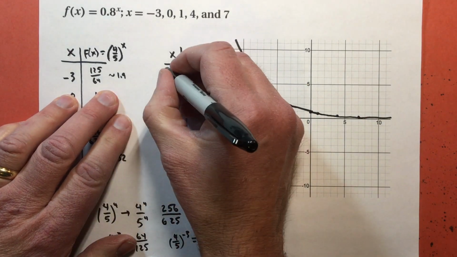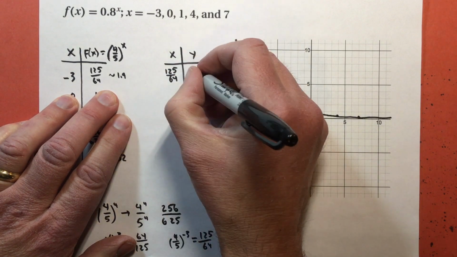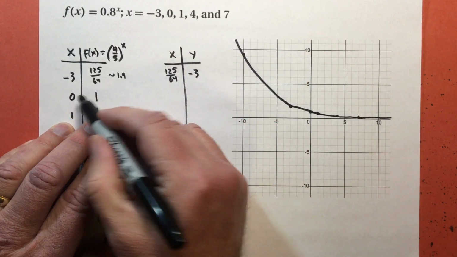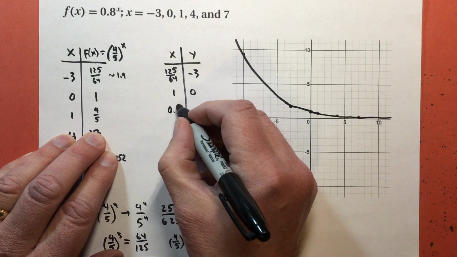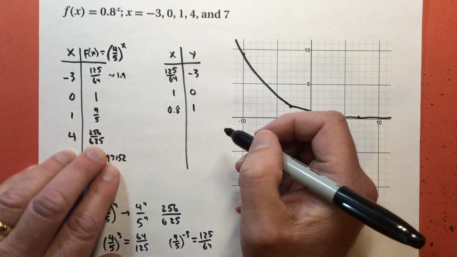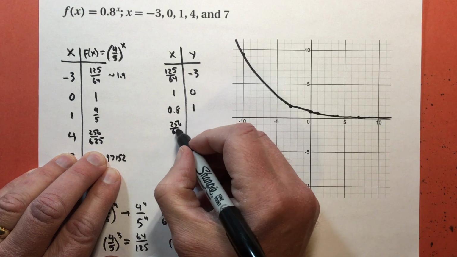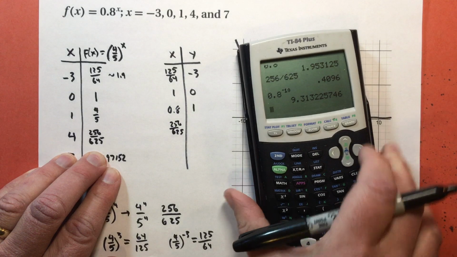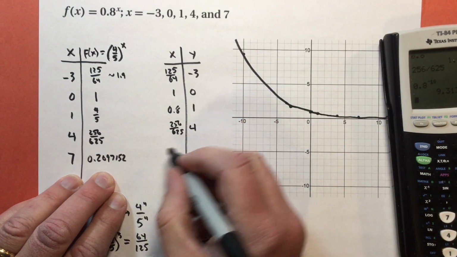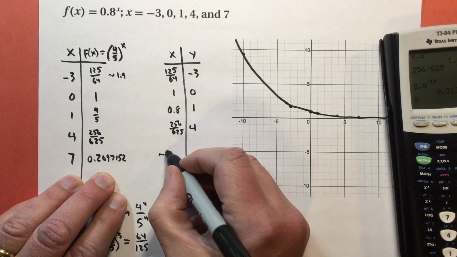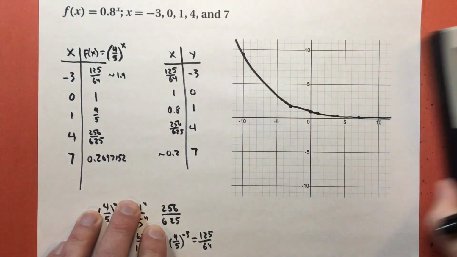So again, 125 over 64 gives negative 3. 1 gives 0. 4 over 5, or 0.8, those are the same, gives 1. 256 over 625, which we saw is 0.4096, gives 4. And this one, approximately 0.2, is about 7.